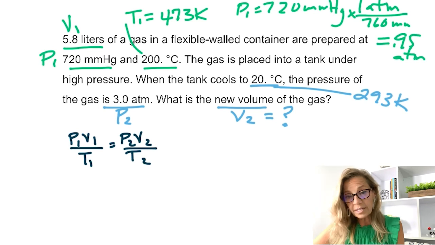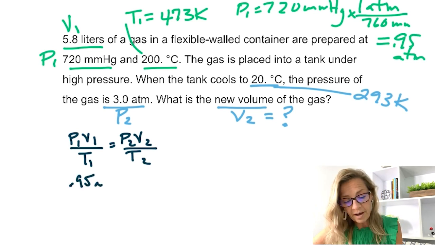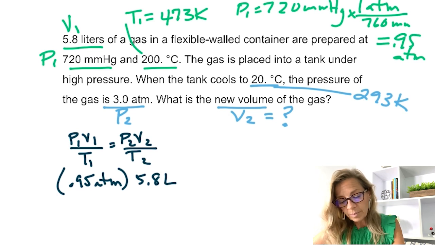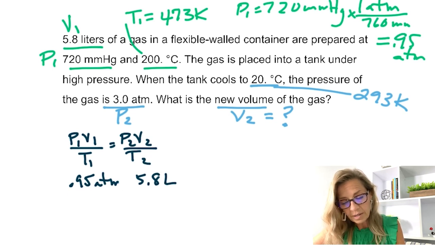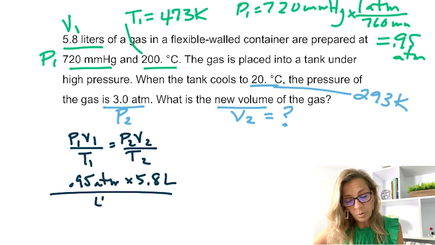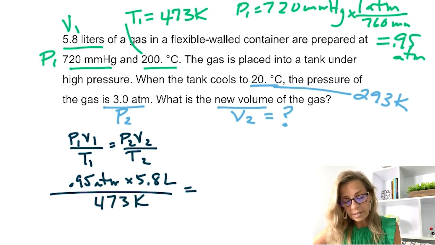So you'll see in a second why I want to do that. All right, so pressure 1 is 0.95 atmospheres, and then volume 1 is 5.8 liters, and I'll multiply here so it won't confuse you. Okay, and then on the bottom I've got 473 Kelvin, and then on the other side my second pressure, 3 atmospheres.